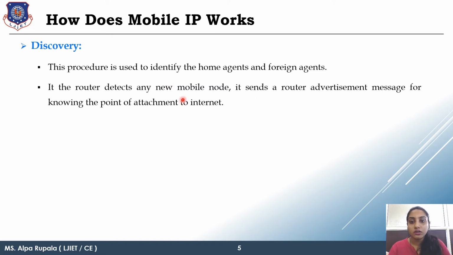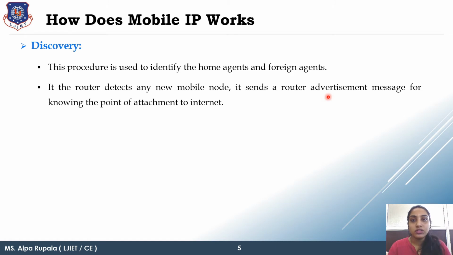The advertisement message is a kind of message which contains a request to the mobile node to send its IP address or home address. In response, the mobile node will send the IP address of its home, or its own.